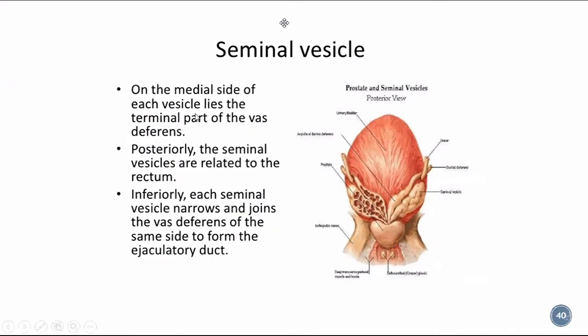On the medial side of each vesicle lies the vas deferens. Posteriorly, the seminal vesicles are close to the rectum. Inferiorly, the seminal vesicles narrow and join the vas deferens on the same side to form the ejaculatory duct.